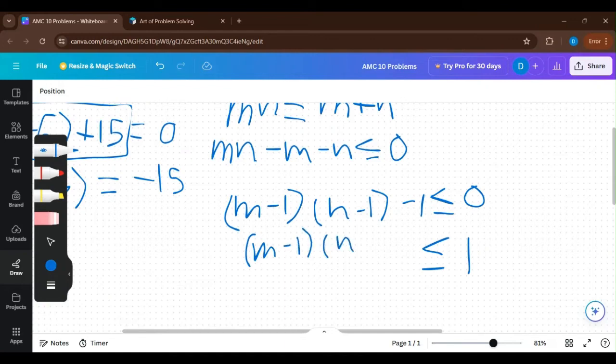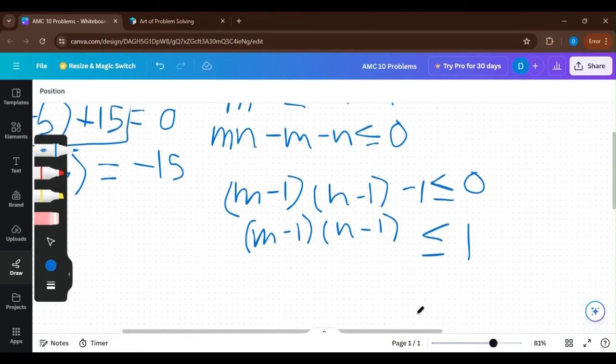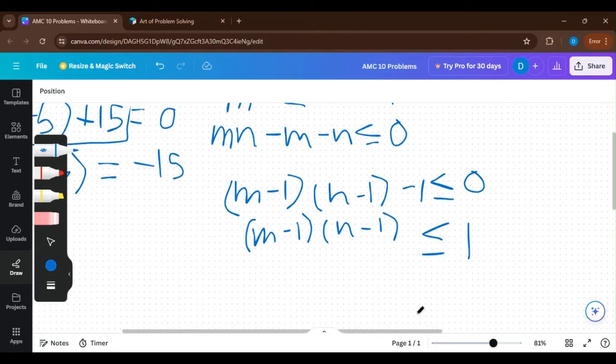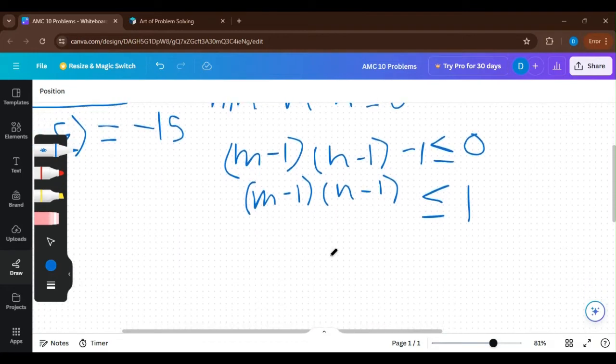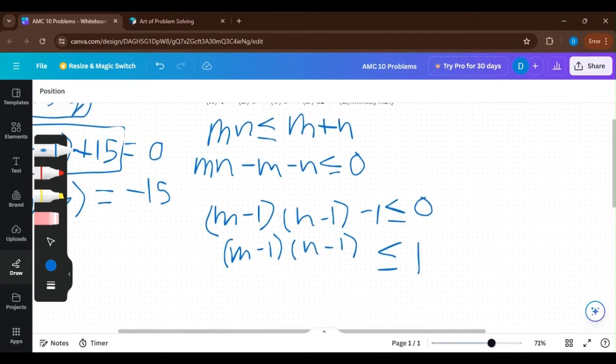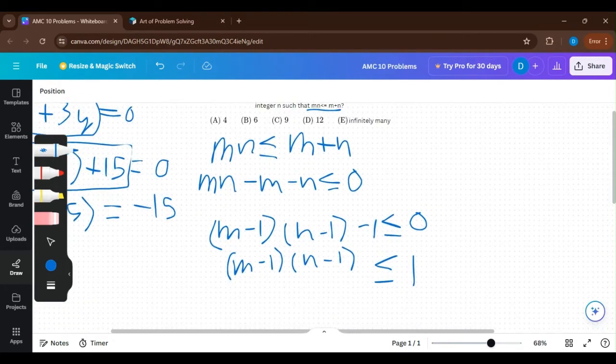So (m minus 1)(n minus 1) is less than 1. And as you see here, we can make sure that we set one of these variables as 1.